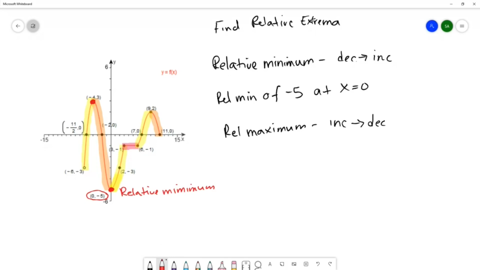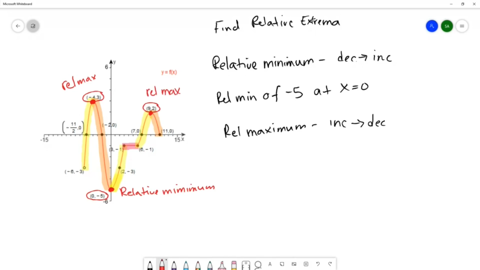So that creates a relative maximum at this ordered pair. And it also happens right here. To the left of that point, the graph is increasing, and to the right, it is decreasing. So at that point, (9, 2), we have a relative max.